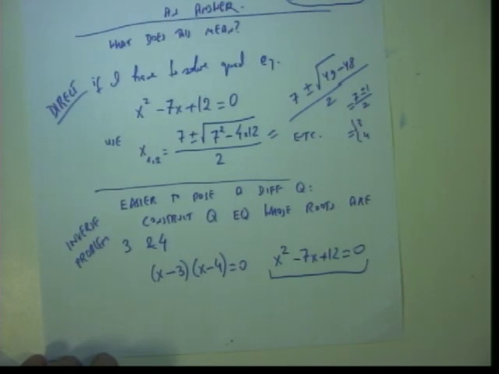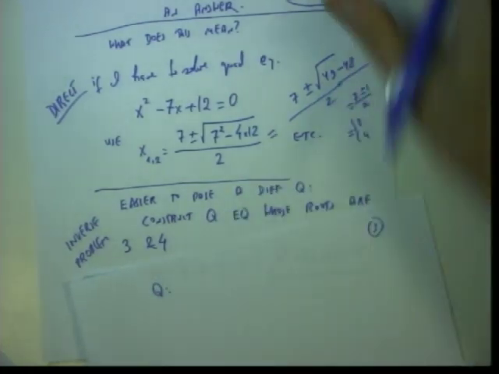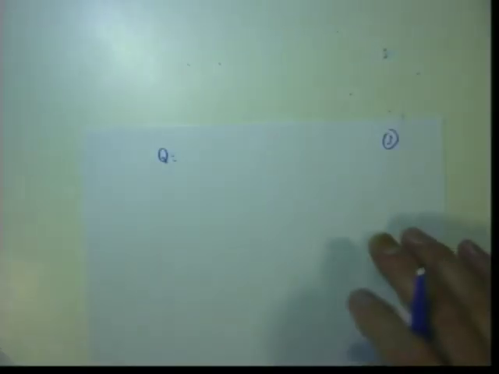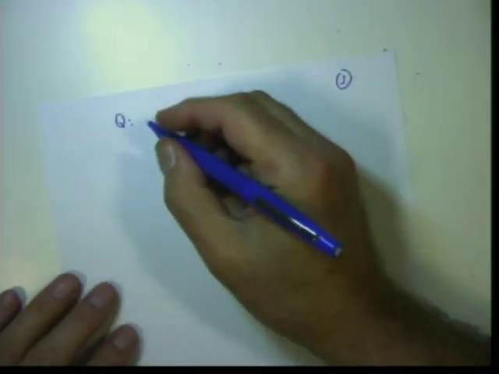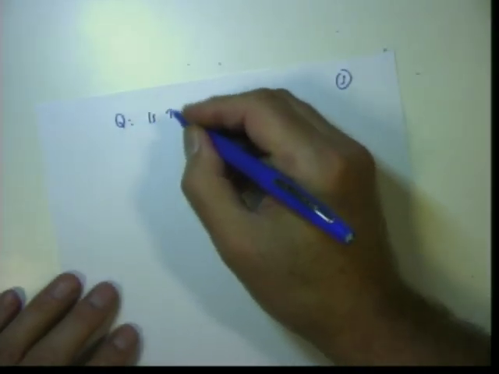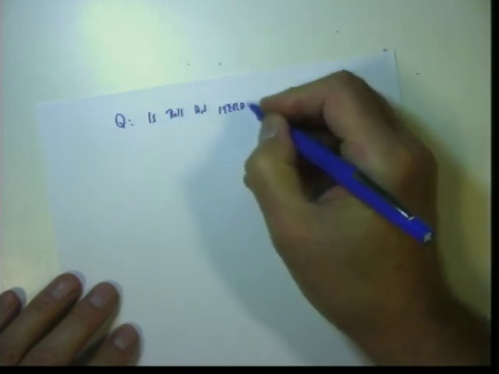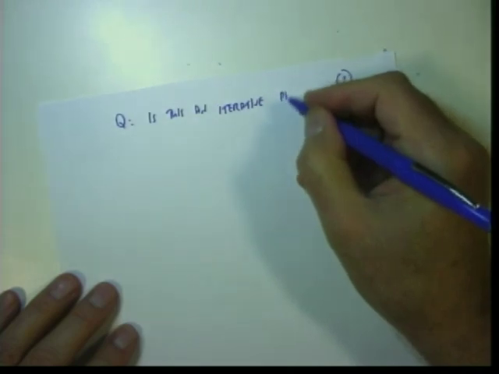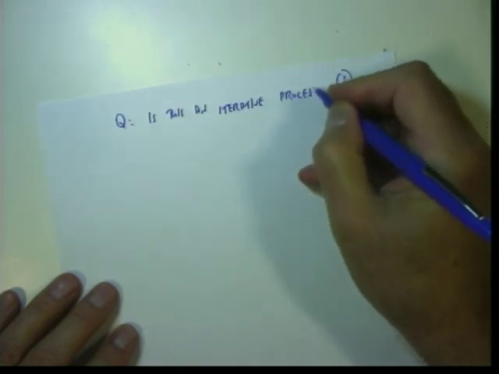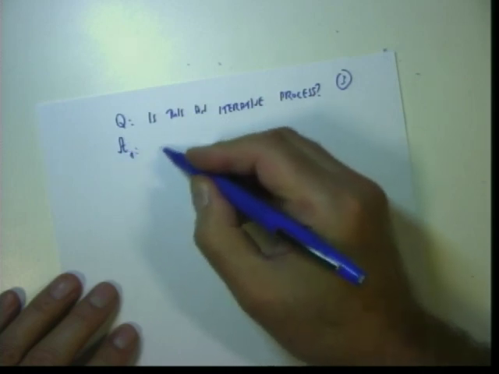Question. Yes. Is this intuitive always? Let me write it down. What is the question? Is this an iterative process to a valid solution? So I will answer by asking a question.